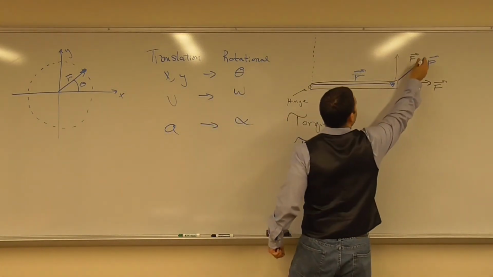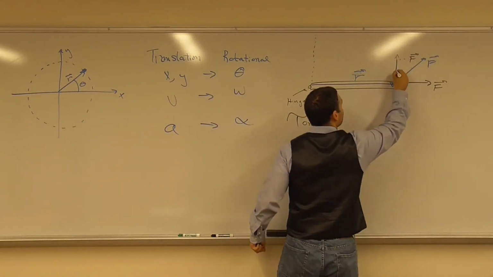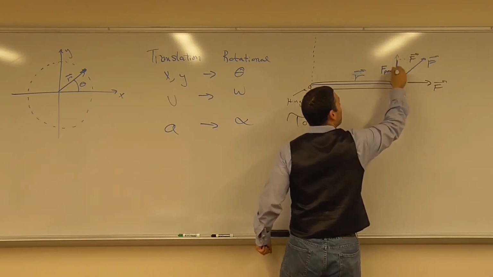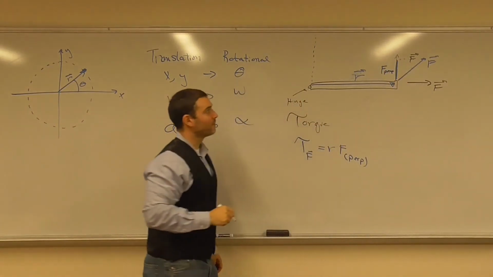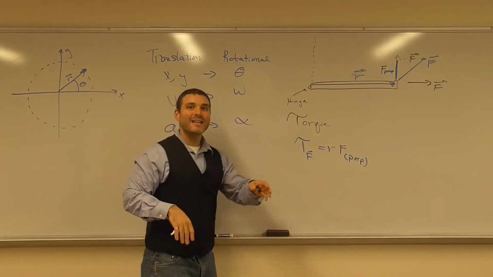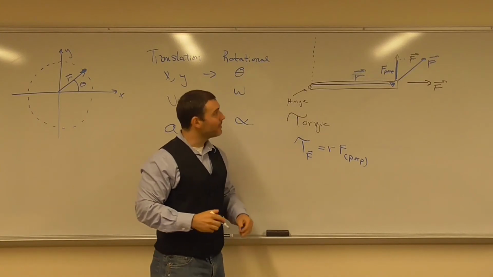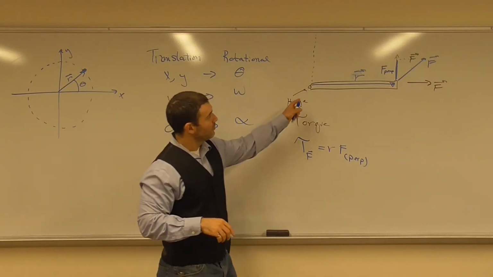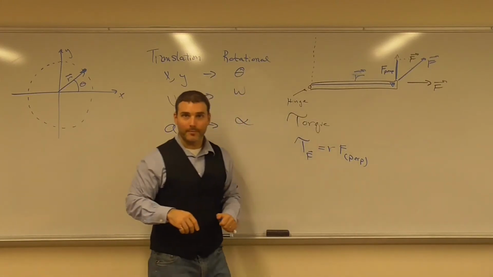So I drop a perpendicular, and that's going to be that length there. So pause the video if you need to see that. But I need a component of my force perpendicular to the displacement r.